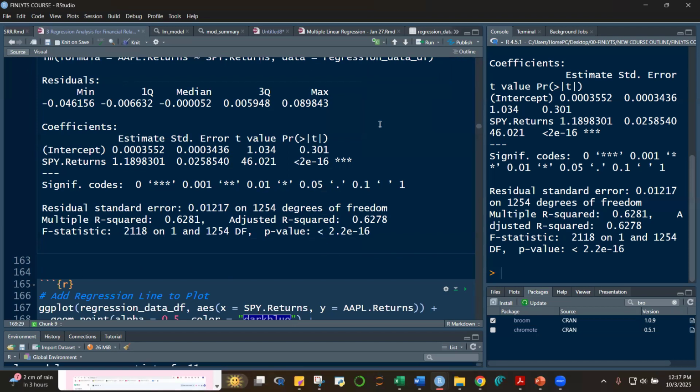So you can see that Apple returns is very sensitive to any changes in SPY returns. And the reverse is true: for every 1 unit decrease in SPY returns, there's a corresponding 1.19 unit decrease in your Apple returns.